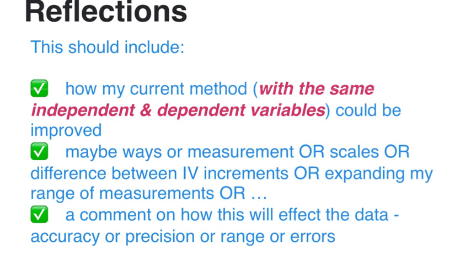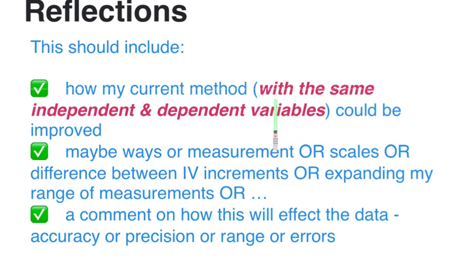Alright, your reflection is about what you did and how you had troubles with it and how you sorted those sort of things out. So you might have found that your independent variable was not really set up the way you wanted it to be. You might have found out that maybe you should have used a slightly different method. Now it should be the same method.